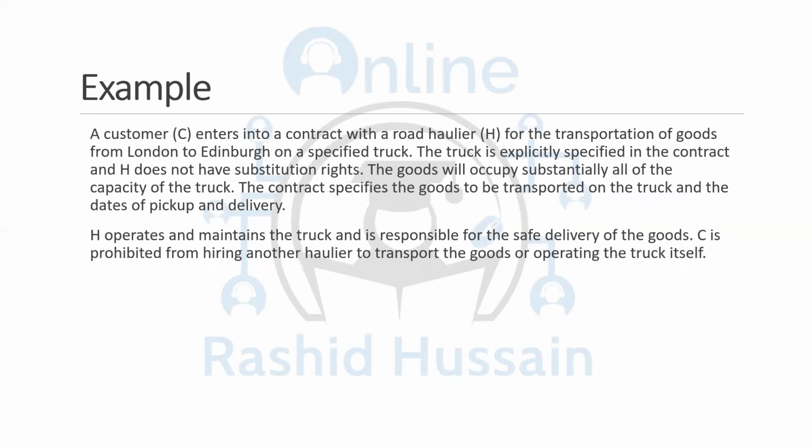Then again, let's understand the other thing as well, which is a contract for service. A customer has entered into a contract with a road haulier for the transportation of goods from London to Edinburgh on a specified truck. The truck is explicitly specified in the contract, which makes it an identified asset. The goods will occupy substantially all of the capacity of the truck.